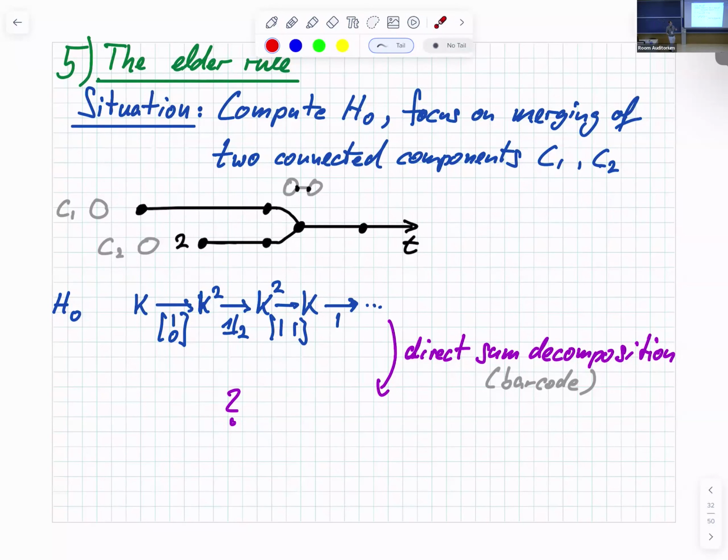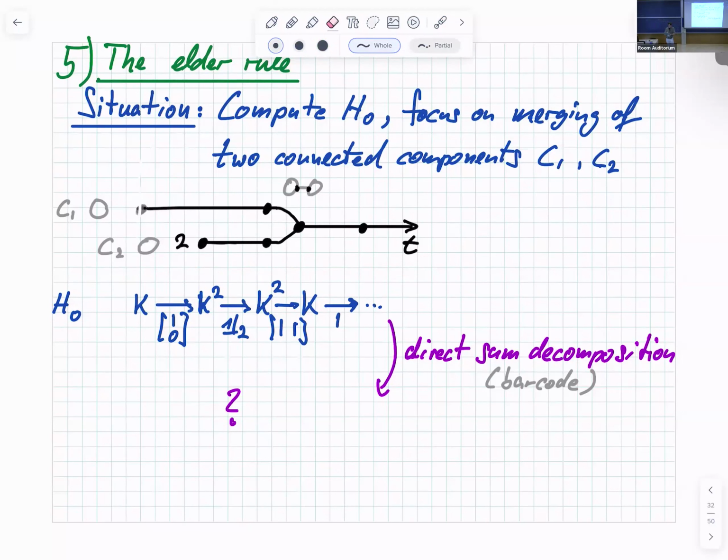So H0 is a module, a representation of the underlying quiver that has arrows here from left to right. And what is the module? H0 counts the connected components. The dimension of H0 is the number of connected components.